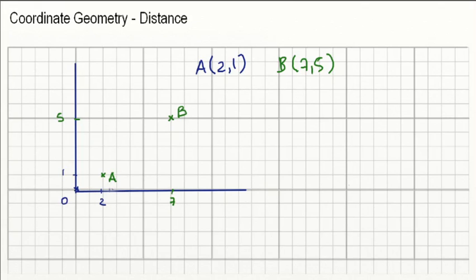So if we wanted to find the distance between those 2 points, if we take a close look, we may close a triangle here, and that's a special triangle. That's a right triangle. So since it's a right triangle, let this point here be C. And if we apply Pythagoras, we will have that BC squared, which is one of the sides, plus AC squared, which is the other side, is equal to the hypotenuse squared.